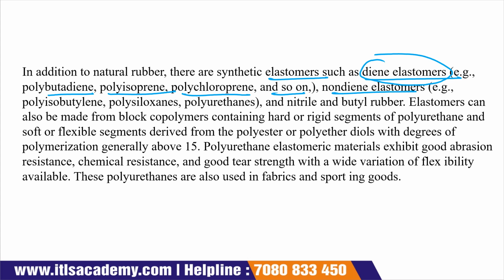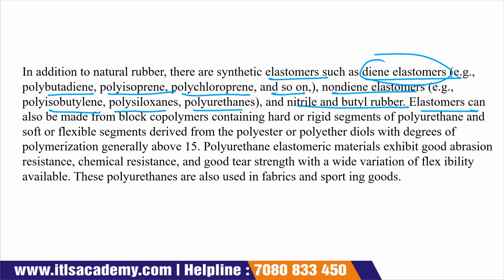Diene elastomers are like polybutadiene, polyisoprene, chloroprene, and if it is considered a non-diene elastomer, then they are either polyisobutylene, polysiloxane, polyurethanes, and nitrile and butyl rubber.